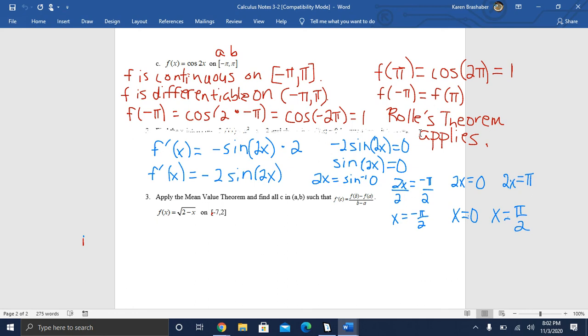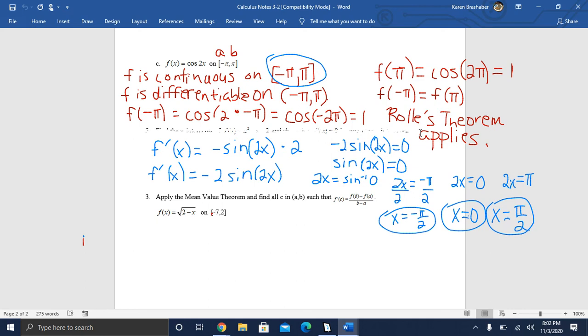So those 3 values are places where your derivative equals 0, and those 3 values are between negative pi and positive pi. So Rolle's theorem did apply, and we found 3 places in our interval where the derivative was equal to 0.